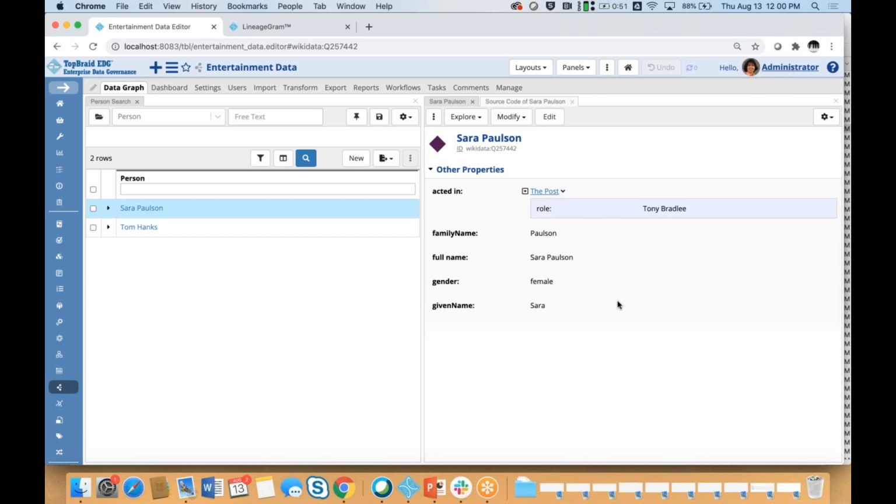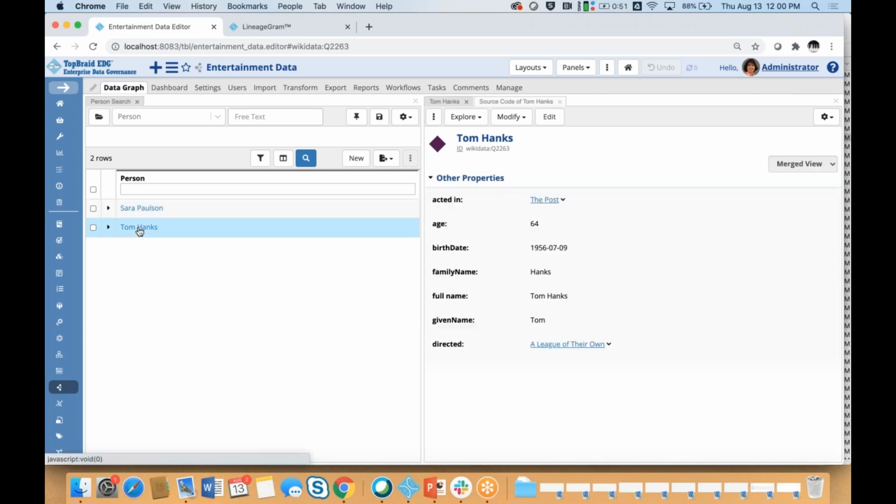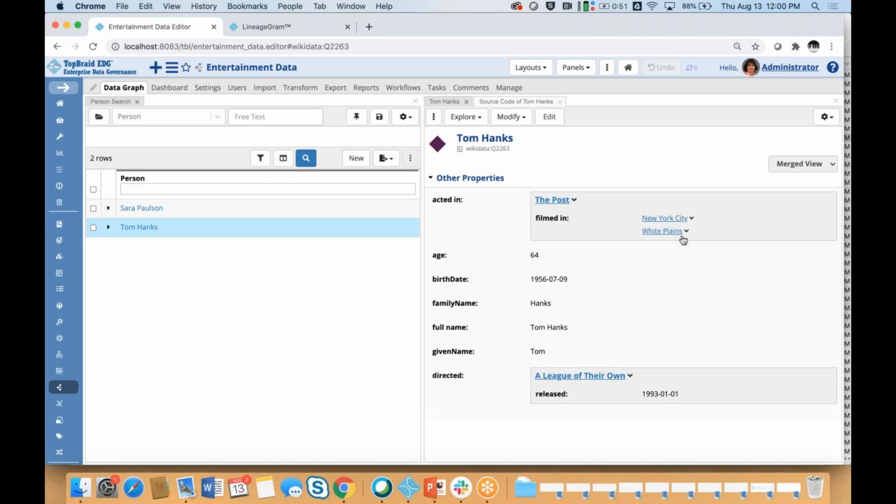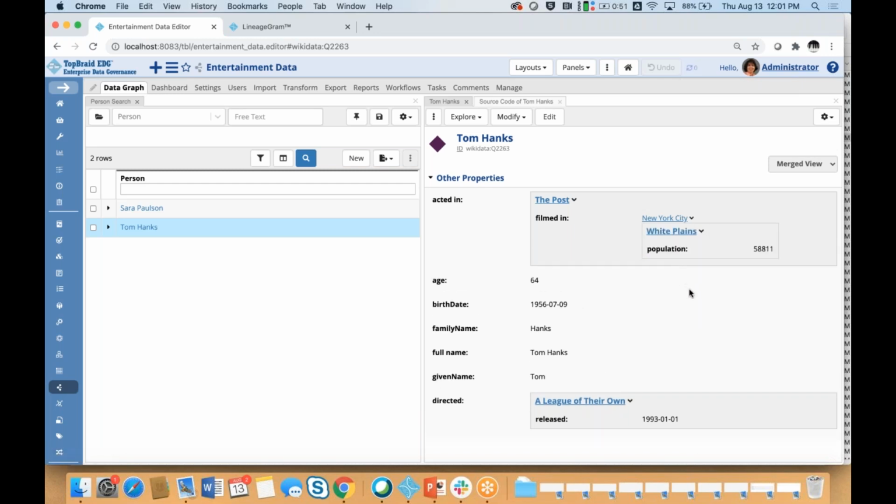We see that she played the role of Tony Bradley. We could go to Tom and see the kind of information we have about Tom. We could explore more details and see what we know about the related entities, and keep on working like this.